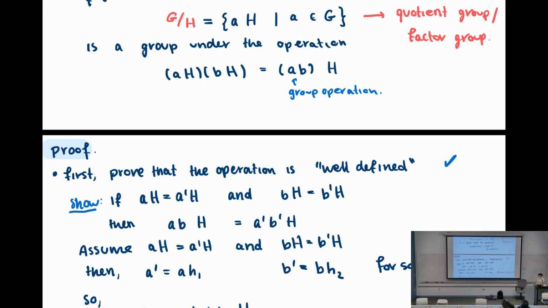I think maybe it's good to just observe that it is closed under the operation. So this AB is an element of the group, and so then this is a left coset. So this is going to be inside of G mod H. Yeah. Other questions?